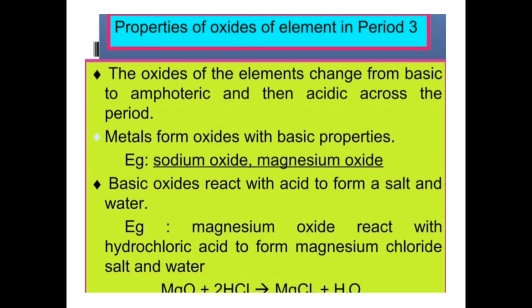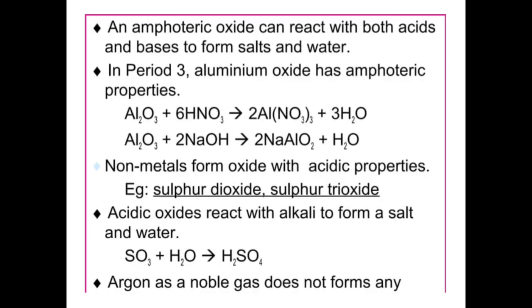The basic oxide can react with acid to form salt and water, like we have said. So you will see that the magnesium oxide being formed can react with an acid, HCl, to form salt and water respectively. The amphoteric oxide can react with both acid and base to form salt and water.